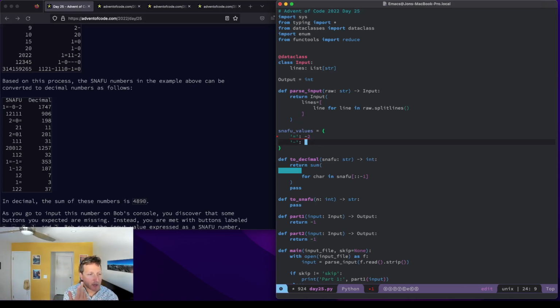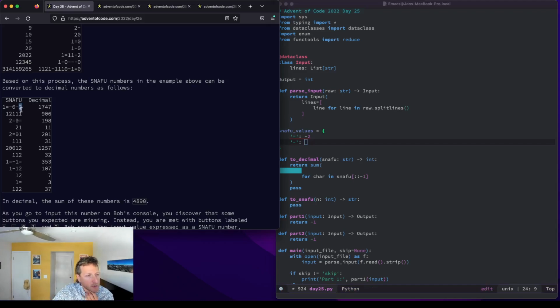We could just implement addition, right? 2 plus 1 would give you 5, would give you 1 double equal.